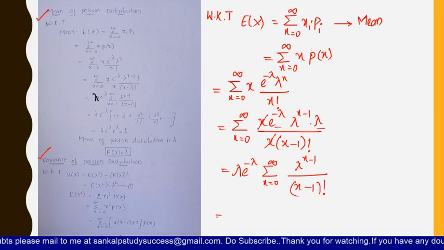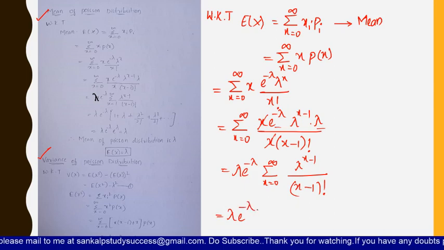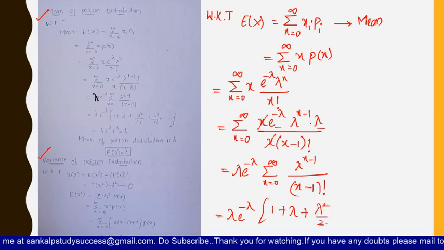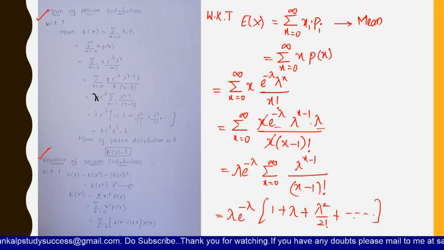Now we are going to expand this series. It is 1 plus lambda plus lambda square by 2 factorial plus and so on. That means this is nothing but the expansion of e power x, where in place of x we have lambda.